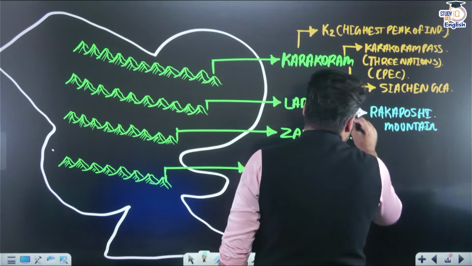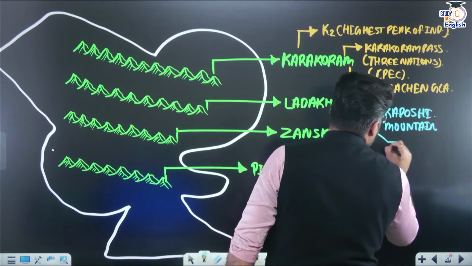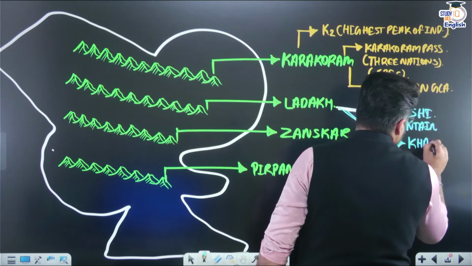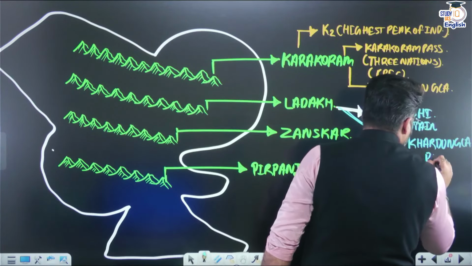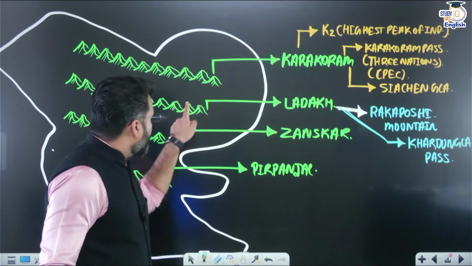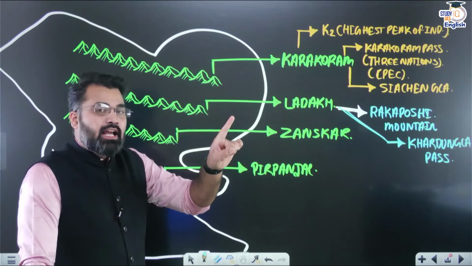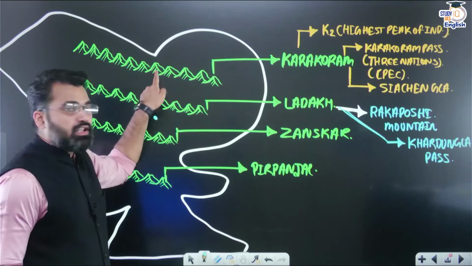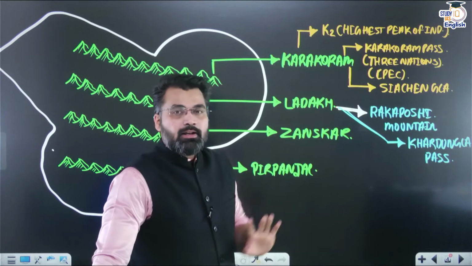Another important thing for this section is a pass called Khardungla Pass. What is the importance of Khardungla Pass? This pass provides an entry, specifically a national highway, from this portion called Leh. The Leh to Siachen highway passes through the Karakoram, through the Khardungla Pass.